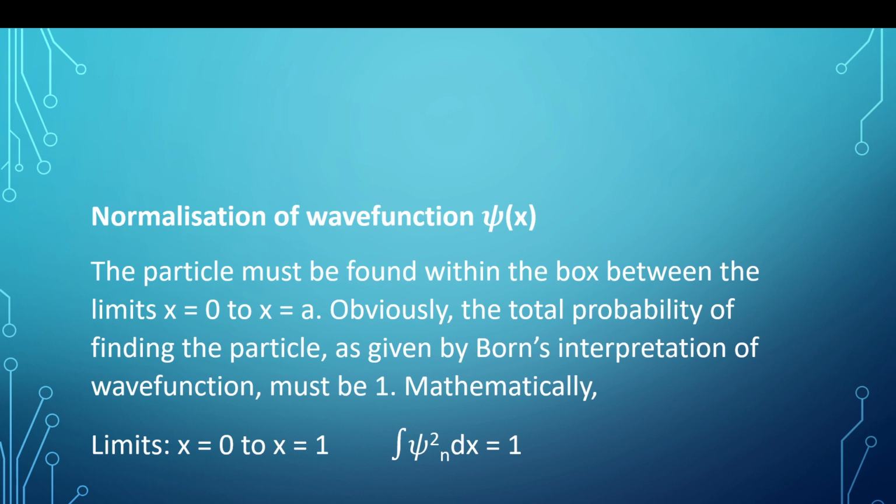Normalization of wave function. The particle must be found within the box, between the limits x equal to 0 to x equal to a, not beyond. Obviously, the total probability of finding the particle, as given by Born's interpretation of wave function, must be 1. Mathematically, it can be written as the integral from x equal to 0 to x equal to a of psi square dx equal to 1.